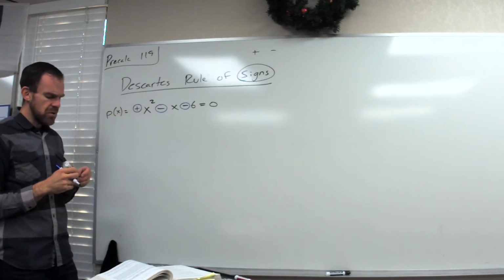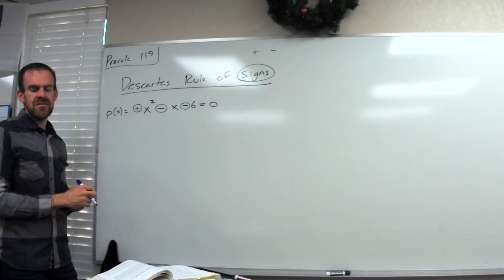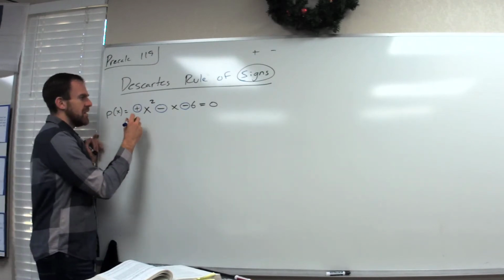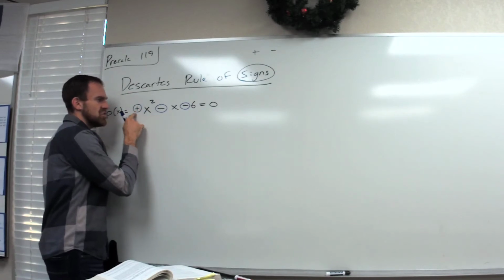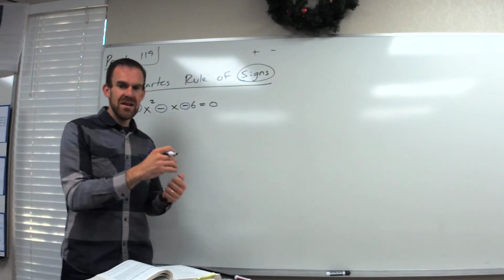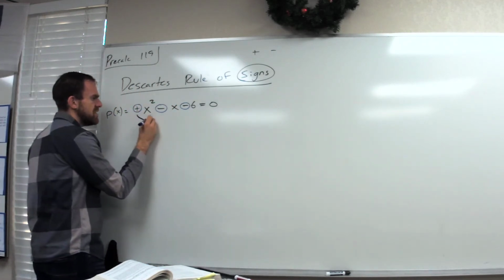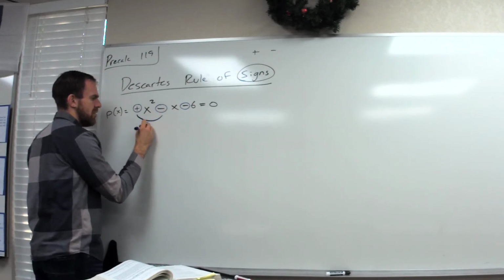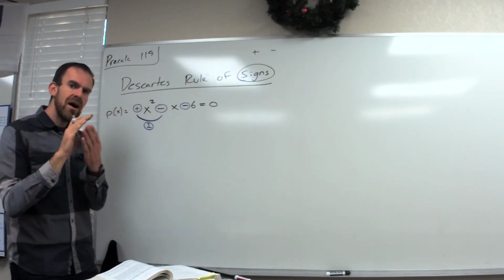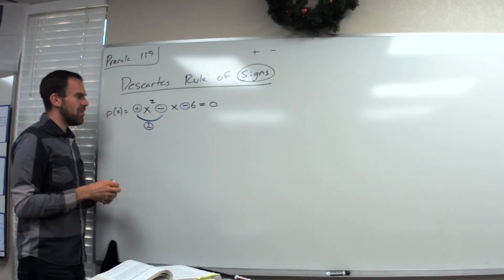So here's our polynomial, and what his rule of signs says is that the number of times the sign changes in front of your terms gives you how many positive real roots there are. So this changed once. So there is one positive real root of this equation. Okay, I'll write that out.